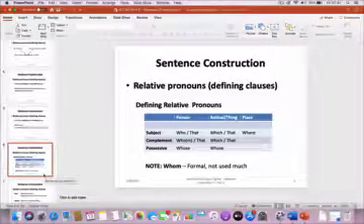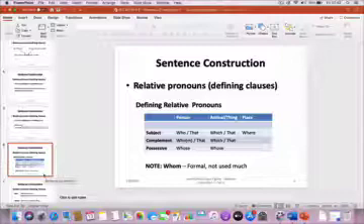Defining clauses, the relative pronouns we have: when we're talking about a subject, if it's a person, you can use who or that. An animal or thing, which or that. A place, where. Complement, you can use who, whom, or that for person. Animals and things, we use which and that.